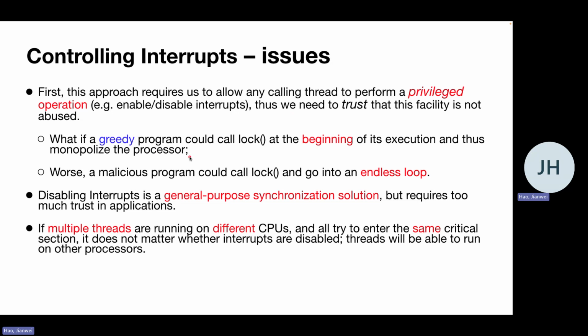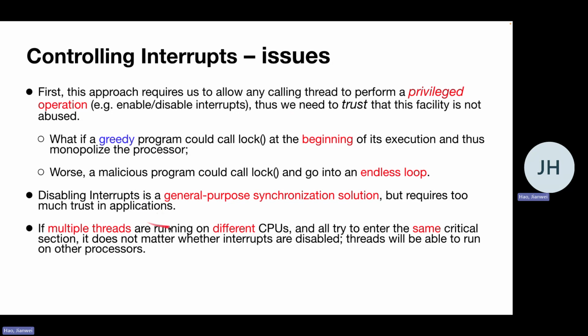Some applications can do this, and for the worst situation, what if the program is malicious? It will call lock and go into an endless loop, like a while true loop, and run forever. So disabling interrupts is a general purpose synchronization solution, but it requires too much trust in the applications.